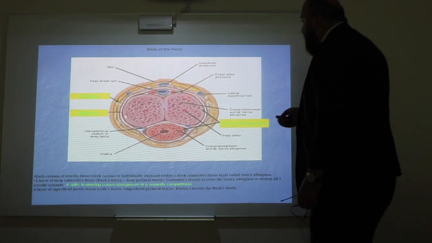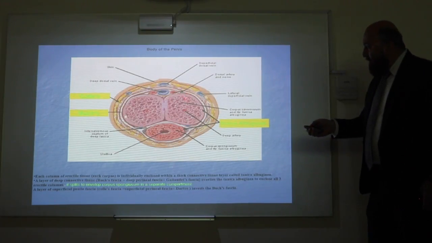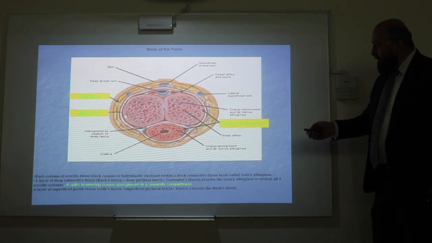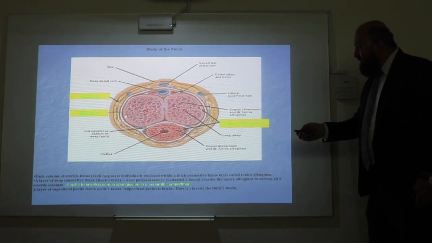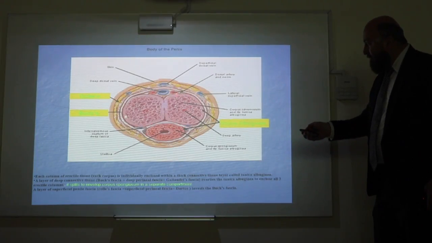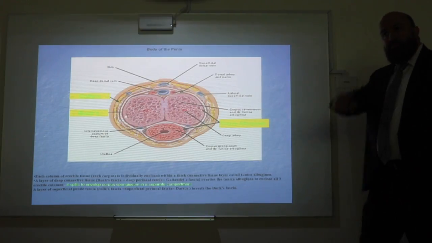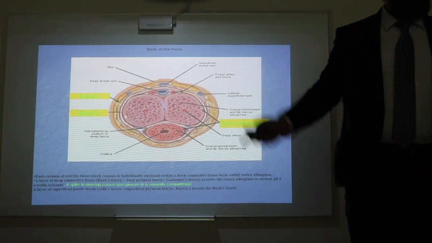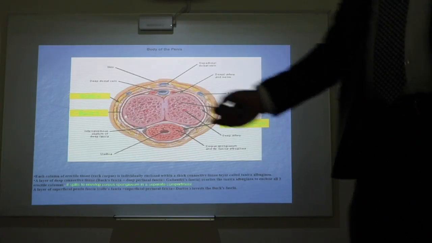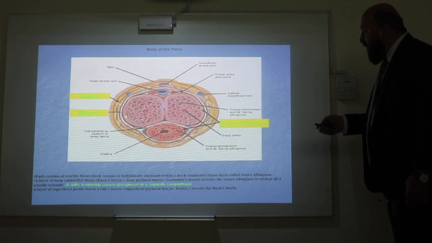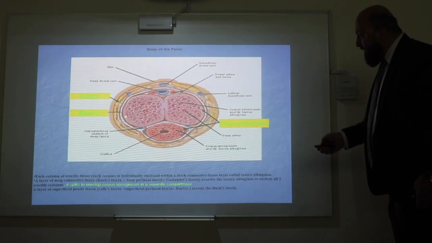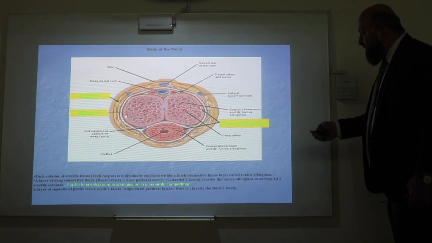Okay? So as you can see here, this is the corpus cavernosum, corpus cavernosum, corpus spongiosum, and each will have its own capsule, the tunica albuginea, right? And on top of all of that, they are all wrapped by this white structure, which is Buck's fascia.